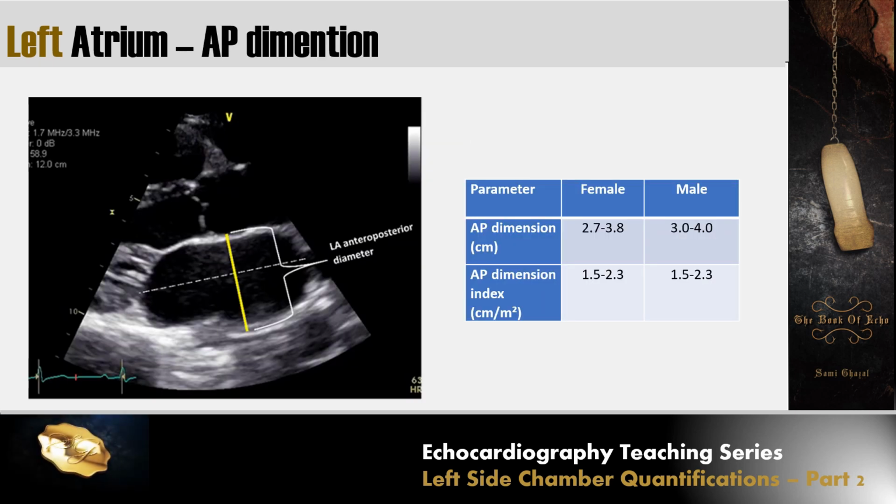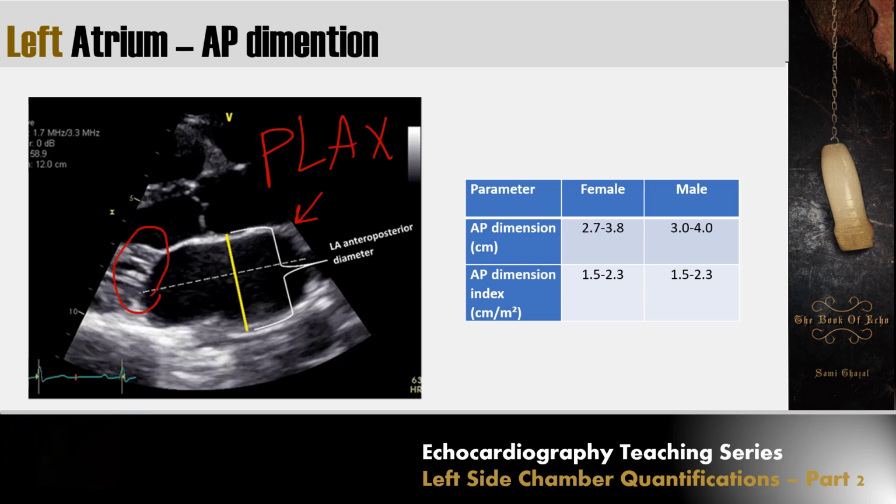Speaking of linear measurements, the way to measure the left atrium in a linear manner is first we choose the parasternal long axis view, and then we freeze at end of systole where the LA is at its largest size, just before the mitral valve opens.